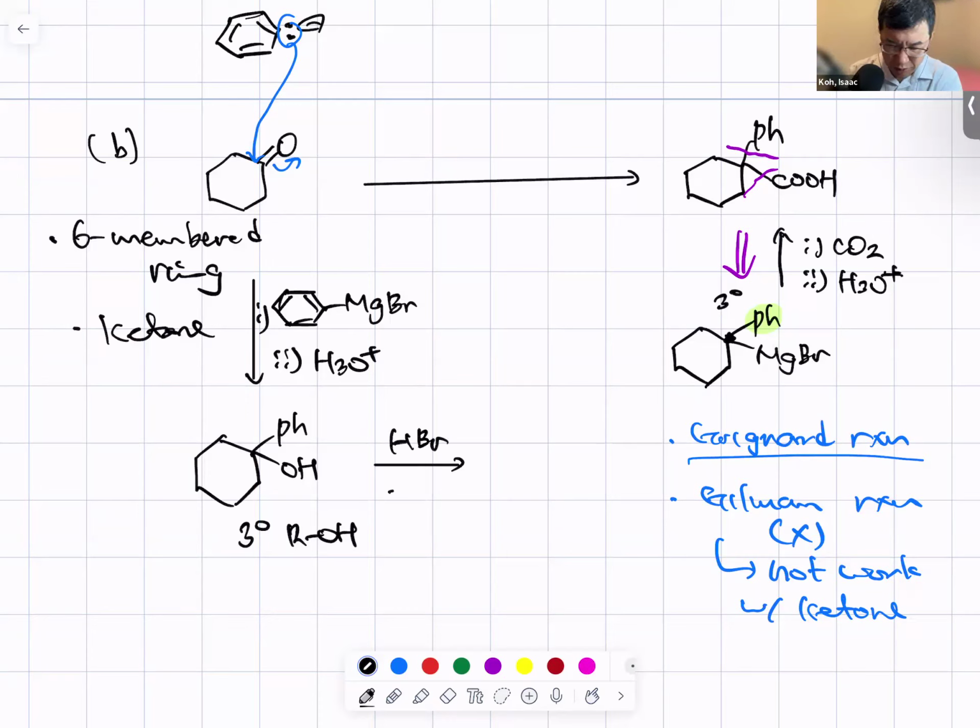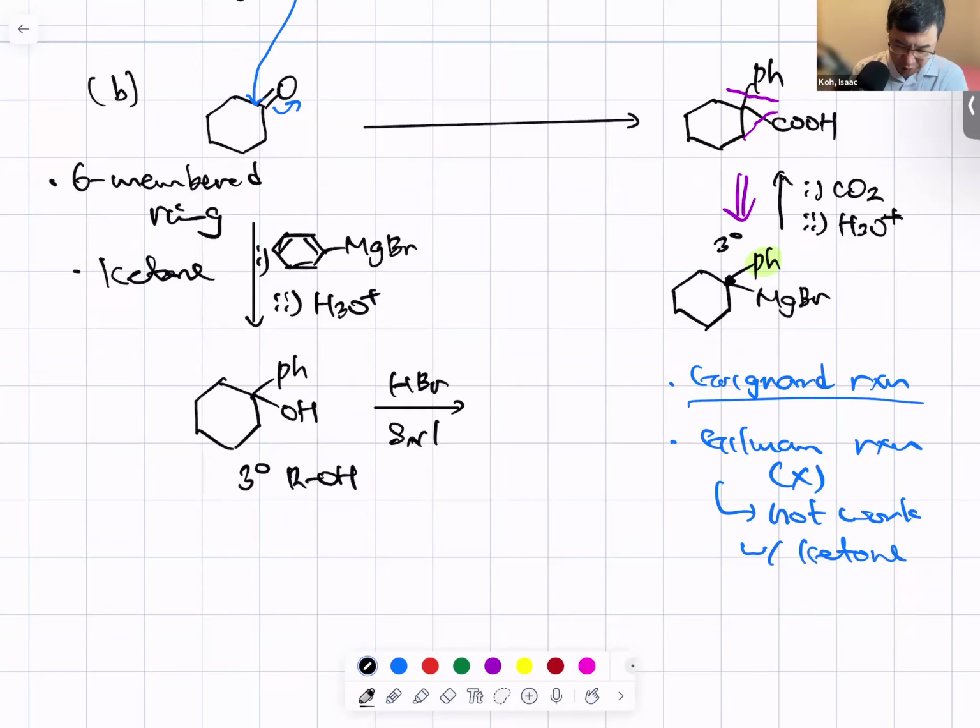Then by the E1 process, not E1, the SN1 process, SN1 will be making it into alkyl bromide. Let me draw the mechanism of this tertiary alcohol. This alcohol, the hydroxyl group has a lone pair. This is a weak base.